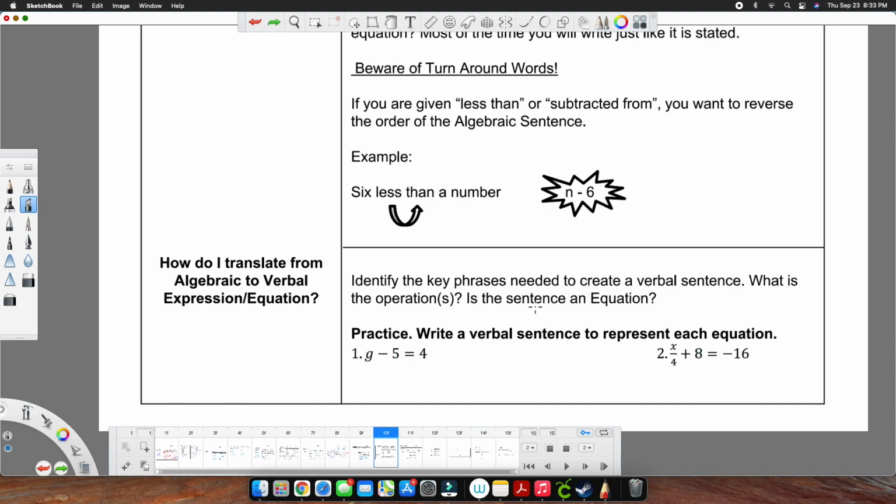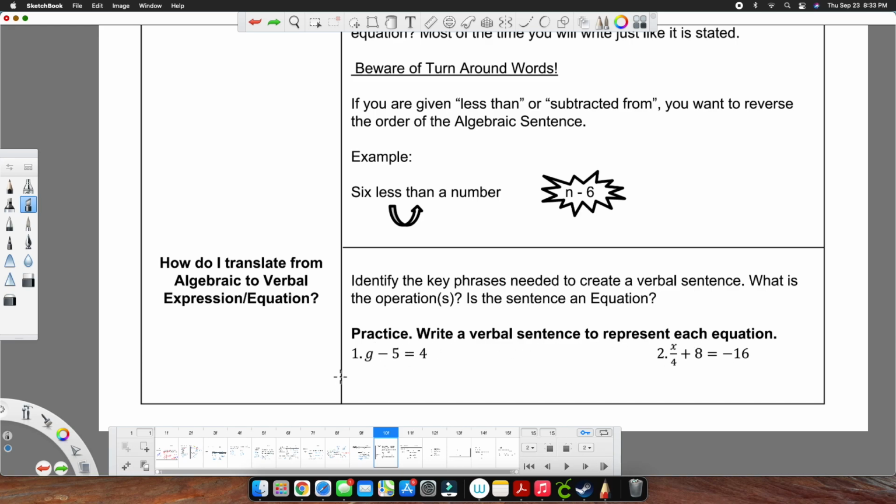What is the operation? So in this case, I can see I'm subtracting. And in this case, I can see I'm adding. I'm also doing some division here, because that's what a fraction means. It's division. So I've identified some of my operations, or all of them, just kind of across.